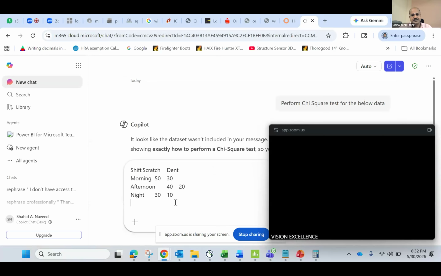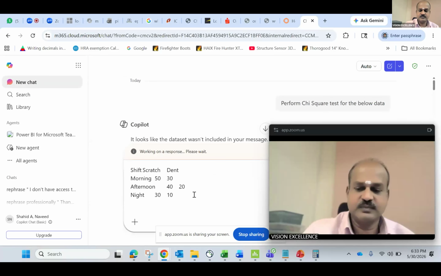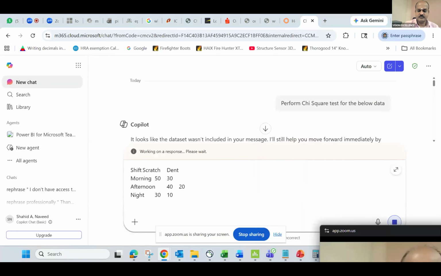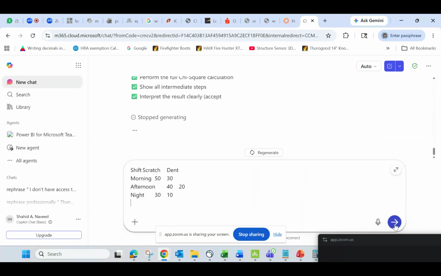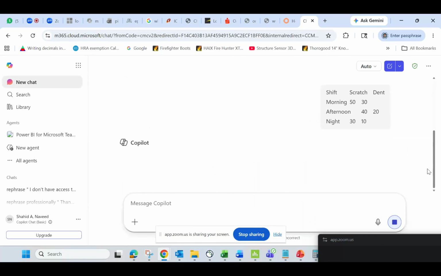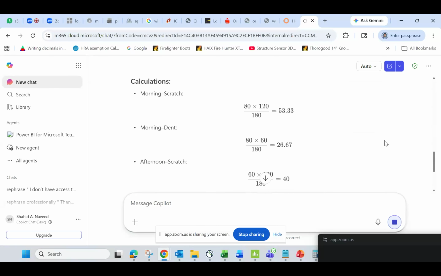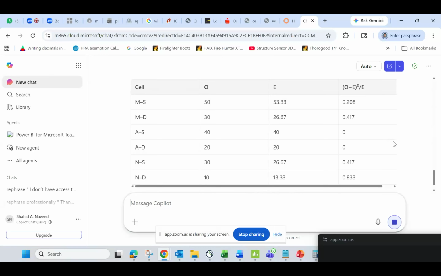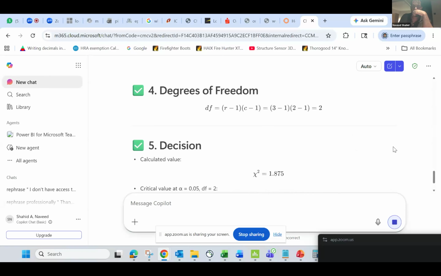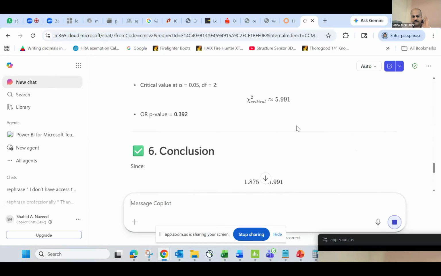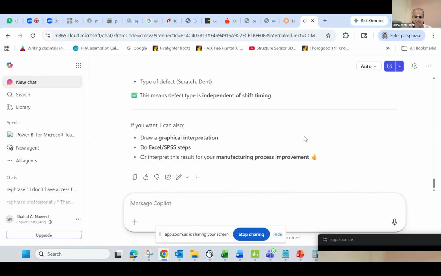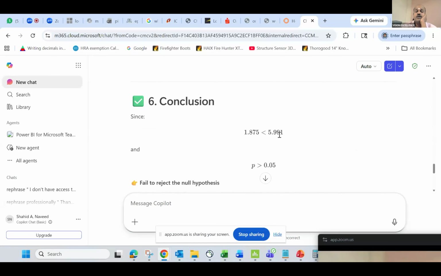Is it doing it? But my ChatGPT did the job. Oh, you are getting it?